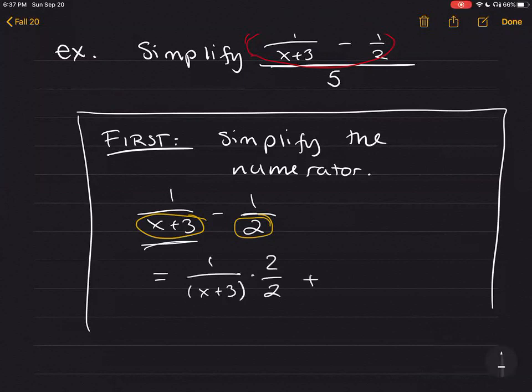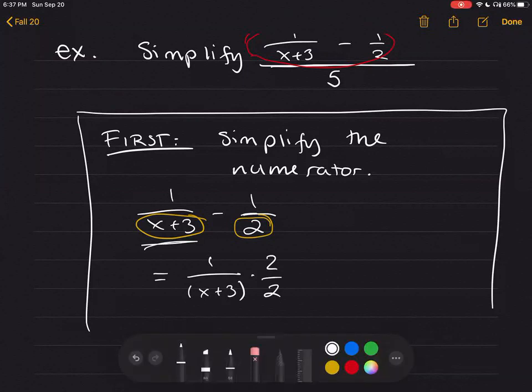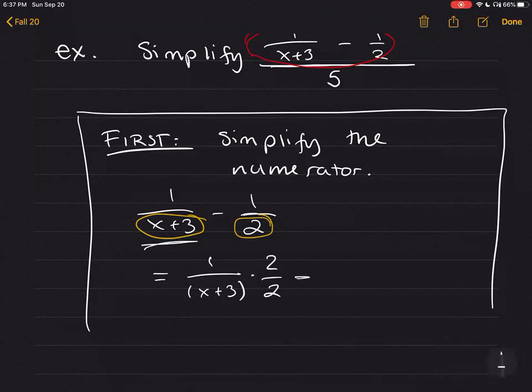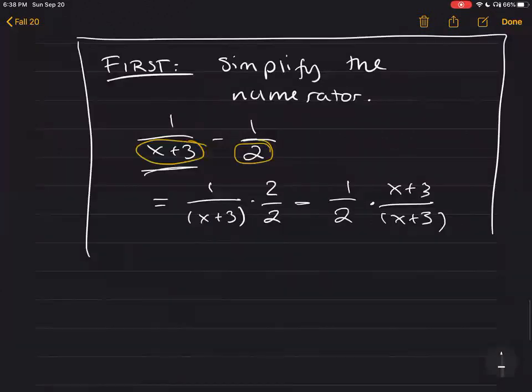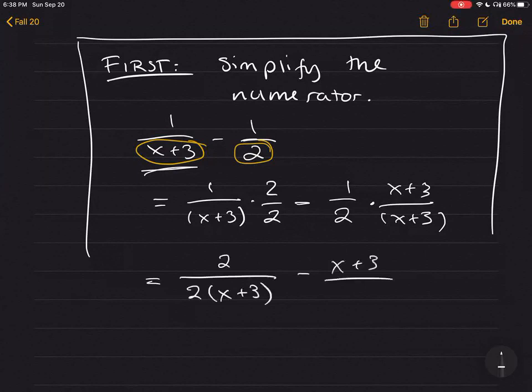And then, oops, not plus, minus. And then this 1/2 here, I'm going to multiply it by x plus 3 over x plus 3 to get that x plus 3 term there. So then what this will become is we have 2 over 2 times x plus 3 minus x plus 3 over 2 times x plus 3.